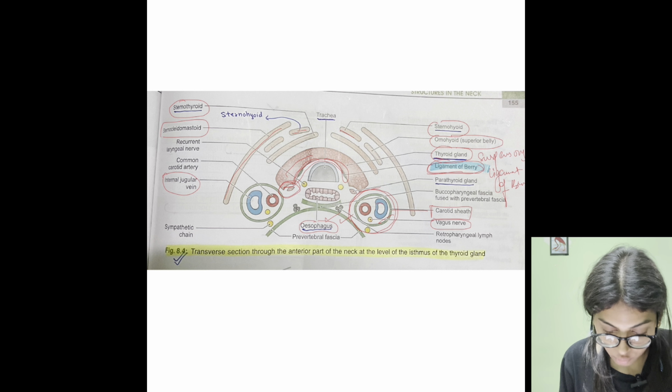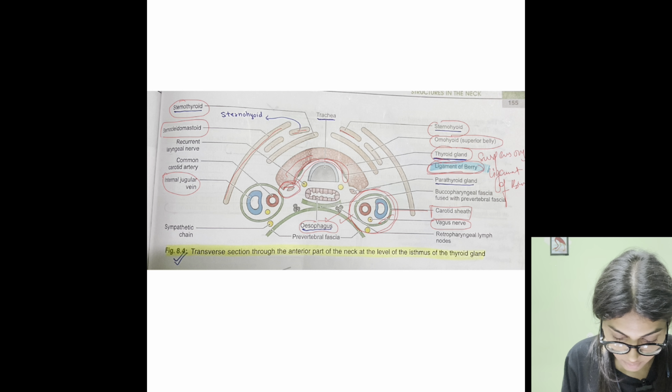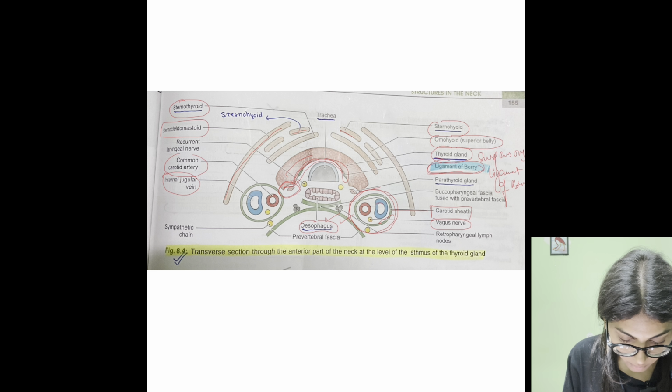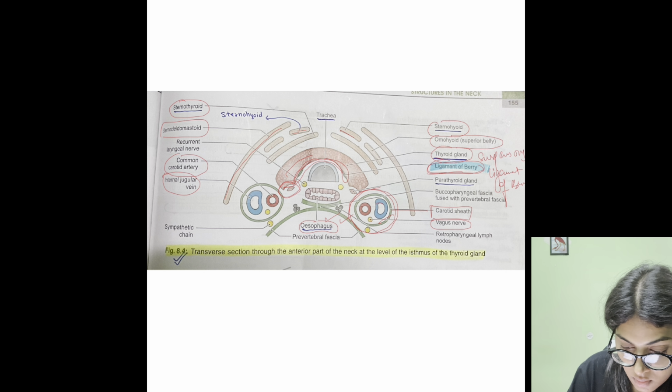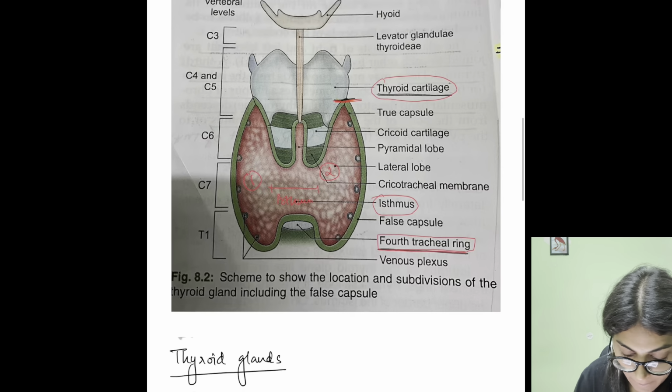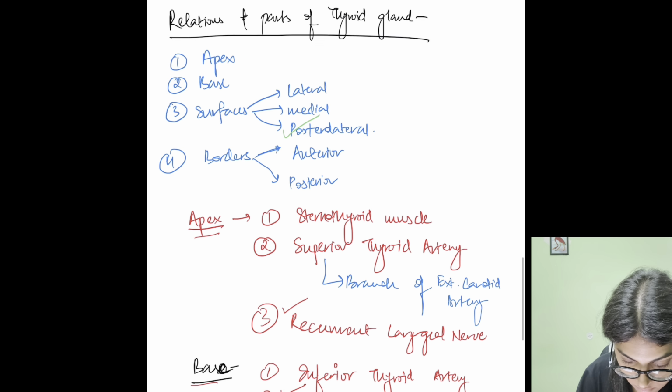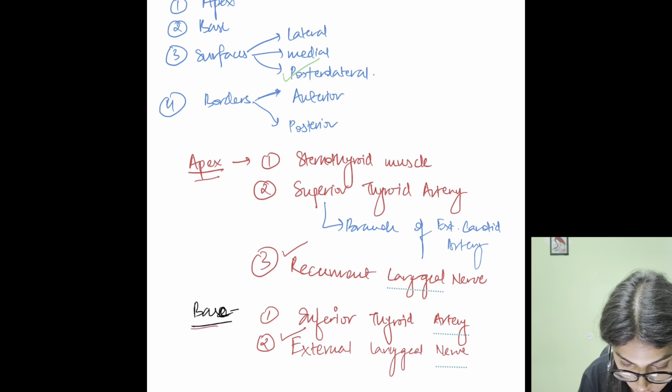On both the sides, we have two carotid sheaths. First is the internal jugular vein, and in red our common carotid artery, and this is the vagus nerve. So we have discussed the lateral surface, posterior lateral surface.